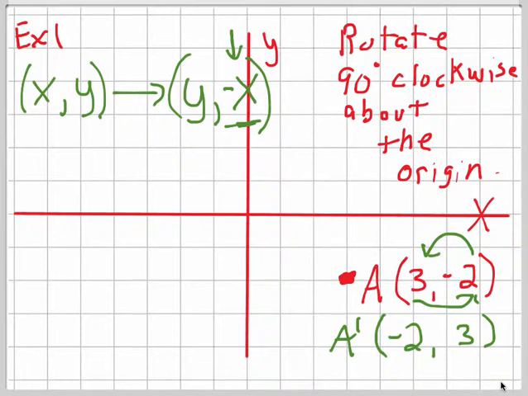It ain't labeled that, but that's what's going to happen. So what's the opposite of positive 3? Negative 3. Now I can easily plot this point, okay, as my new A prime. So I got negative 2, negative 3. I'm right here. There's my A prime.